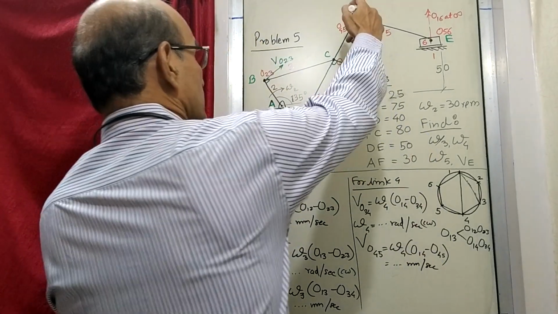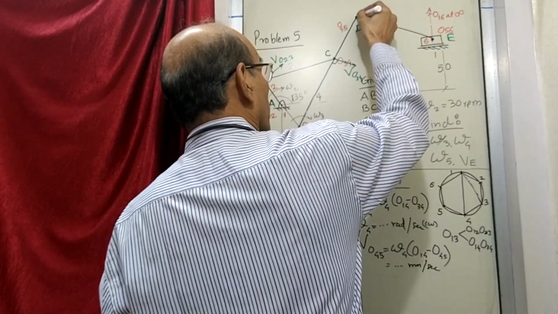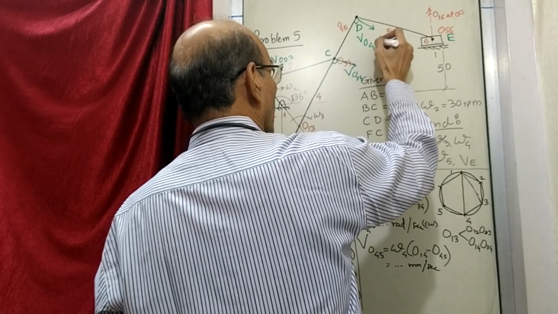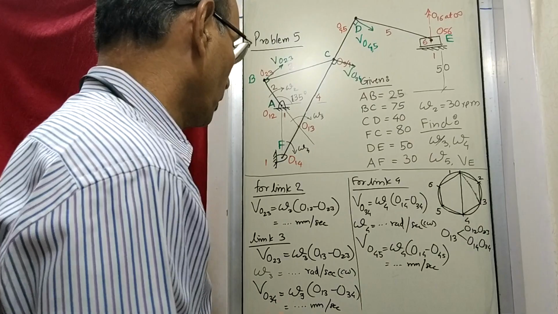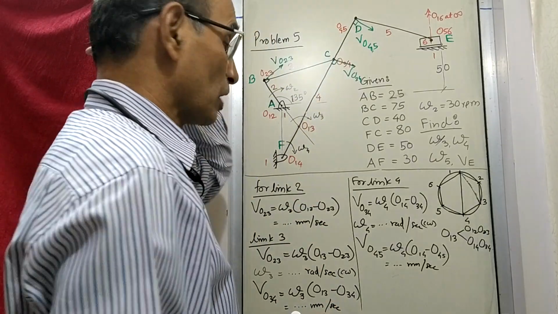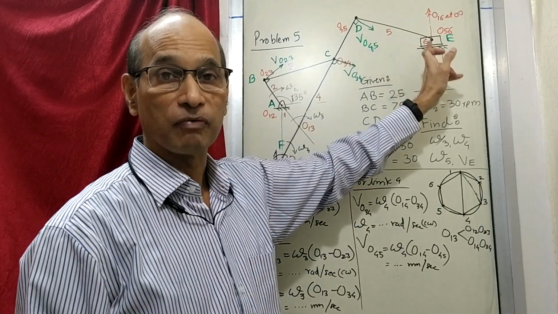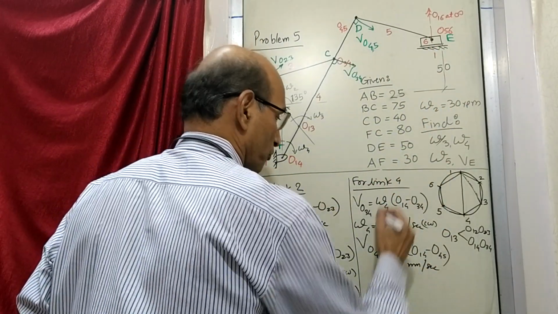So this radius and this omega will give you the velocity of 45. So that is the velocity of 45 we have obtained. Now the velocity of 45 remains the same whether it is on link 4 or on link 5. So now the same velocity we write considering link number 5.